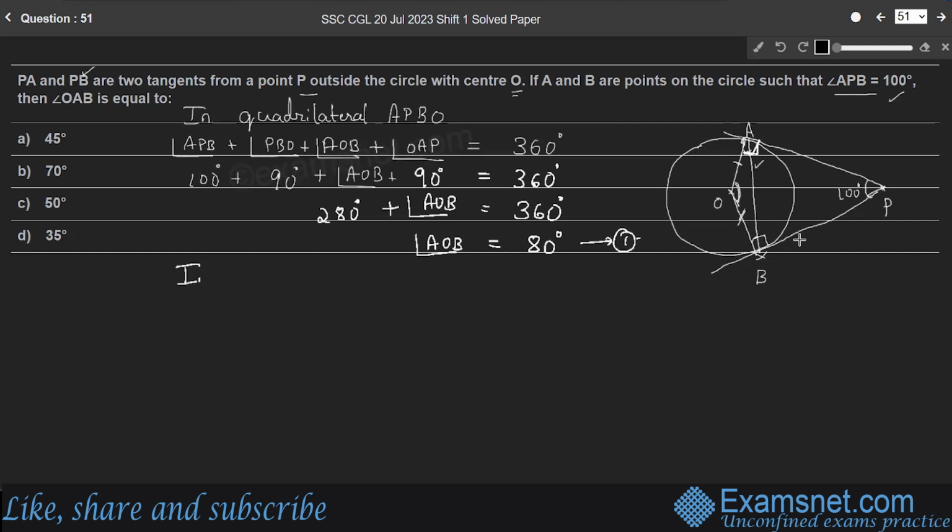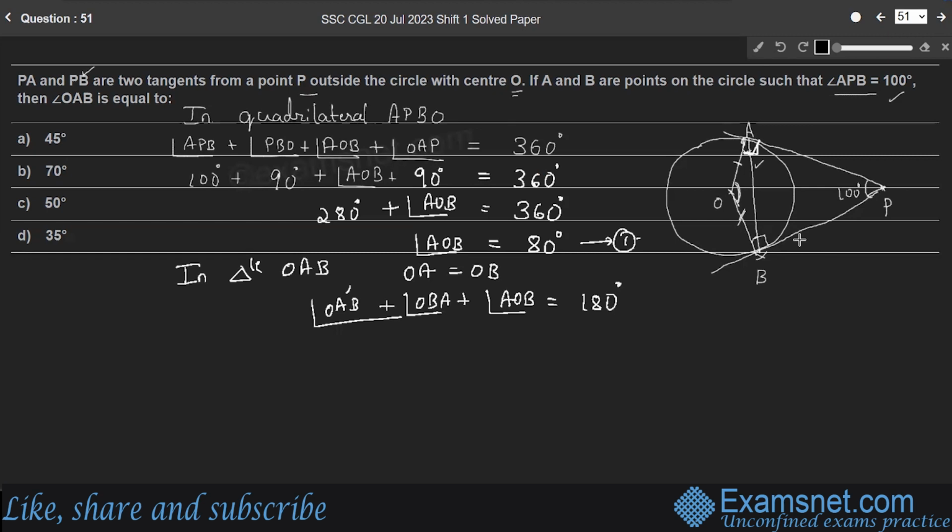So in triangle OAB, OA is equal to OB. Therefore, their opposite angles are equal. So use the concept of the sum of the angles in a triangle: angle OAB plus angle OBA plus angle AOB is equal to 180 degrees.